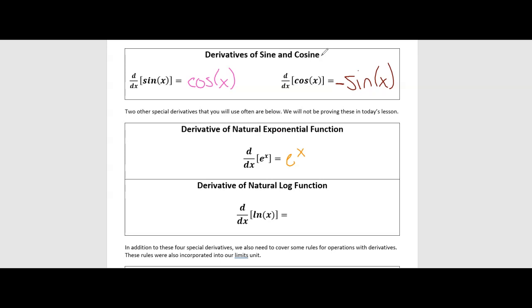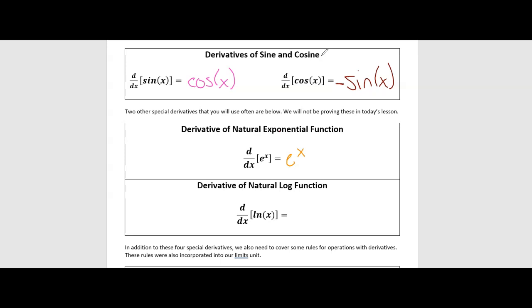Okay, so essentially what this means is that the slope of the tangent line at any point on this function is equal to the value of the function. This exponential function e to the x has some special properties that allows that to be true.